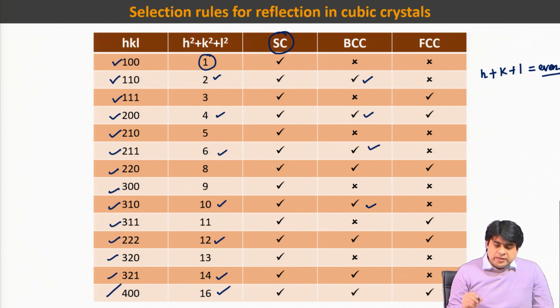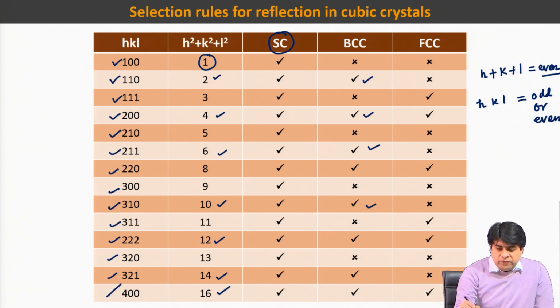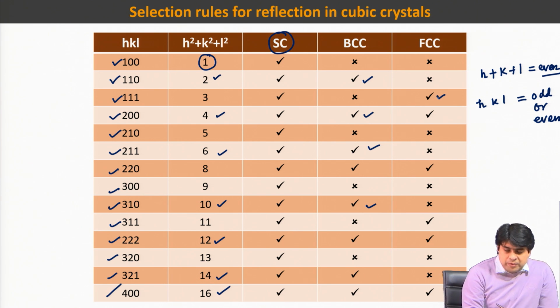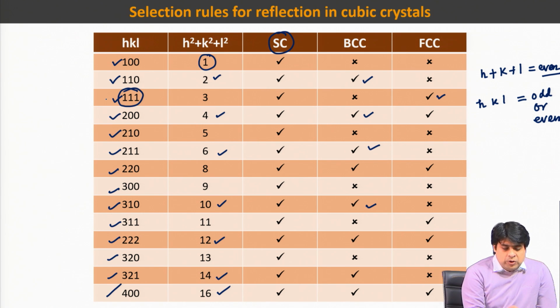you will get a reflection if all the HKL are either odd or even. For example, the first reflection of the face centered cubic crystal will be given by the 111 plane, because all 3 are odd numbers.